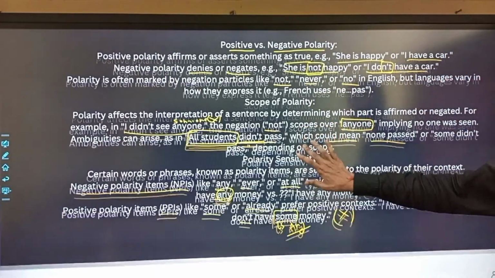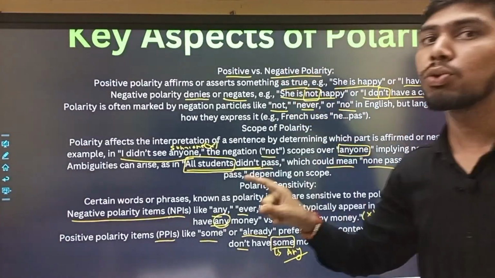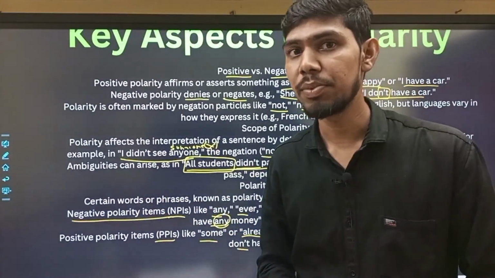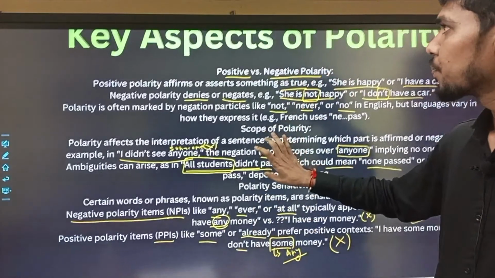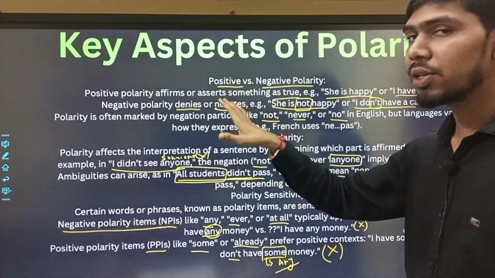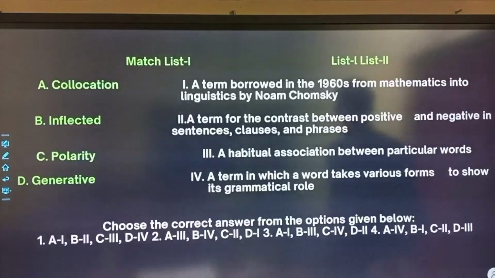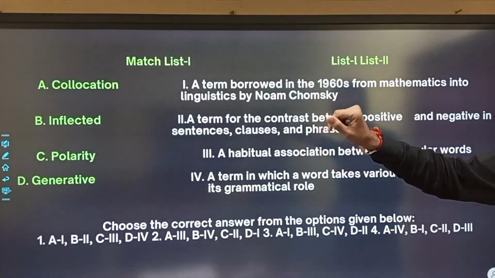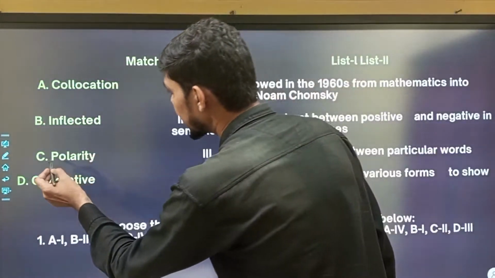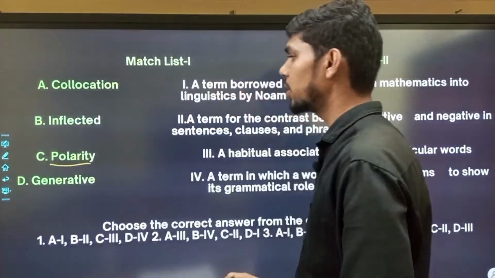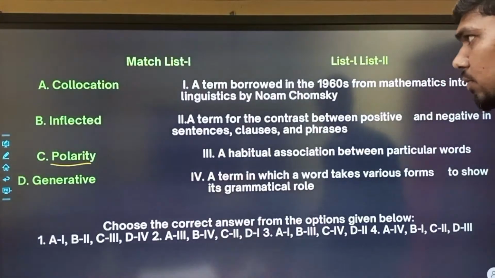Okay, so why are we discussing this? Because this question has been asked in our recent NET examination 2025, right? So that's why we are going to discuss it. It's high time to discuss the previous year question. So here you can see this is polarity.